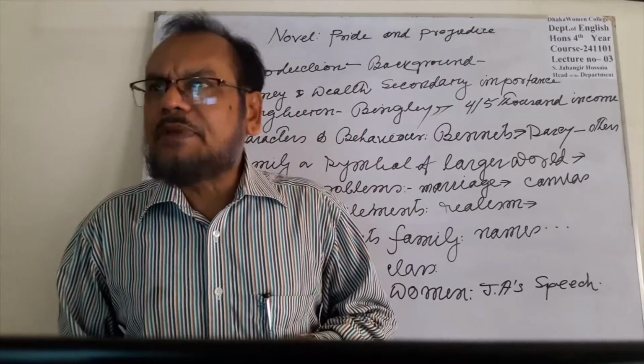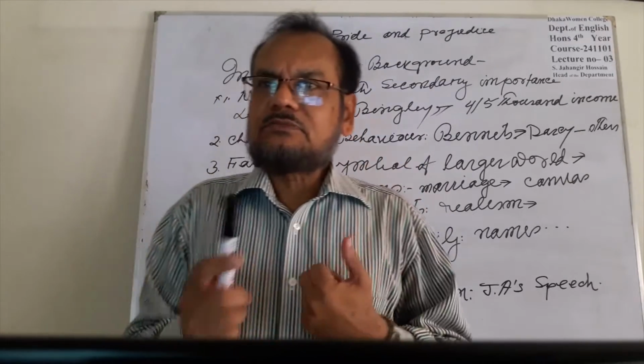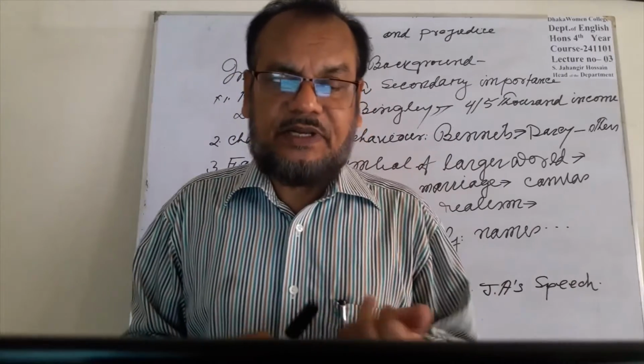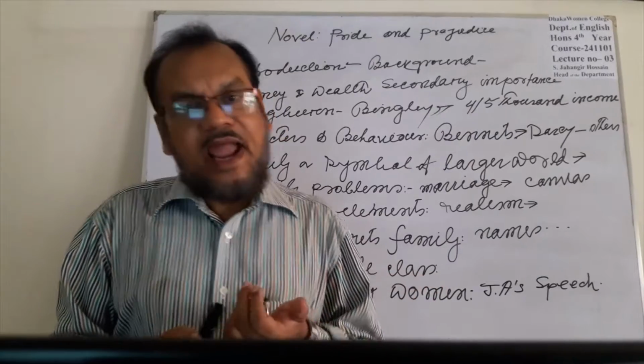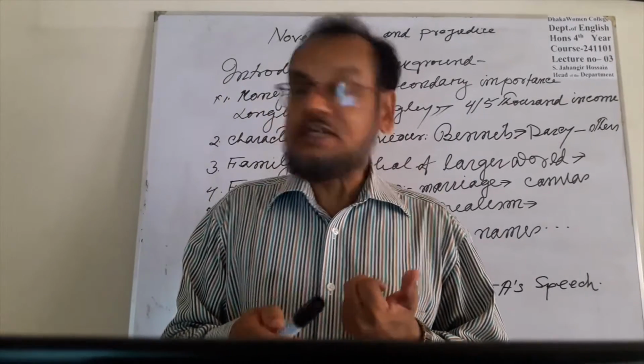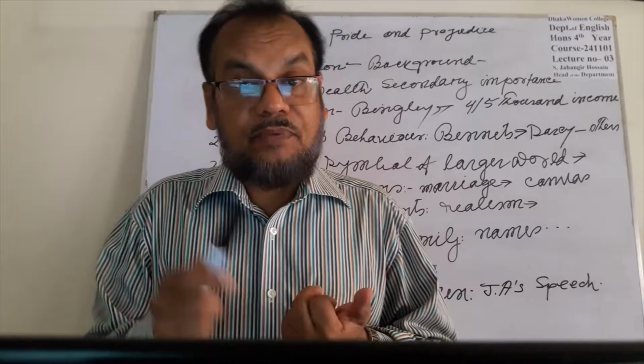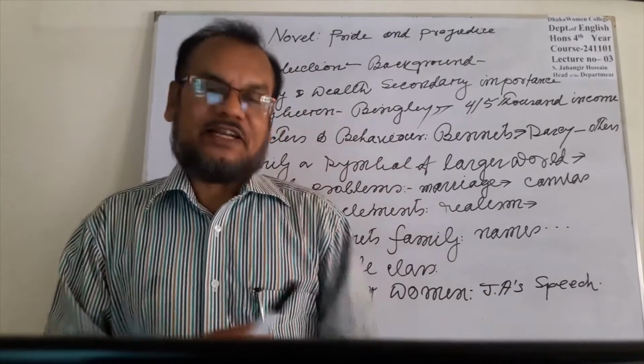The choice of family in Sense and Sensibility, Northanger Abbey, Mansfield Park, and also her famous novel Pride and Prejudice is deliberate.